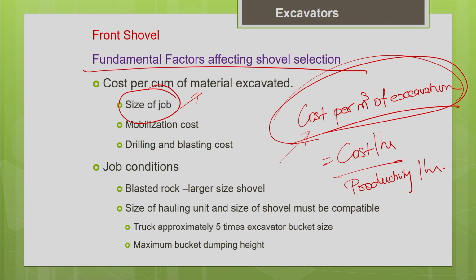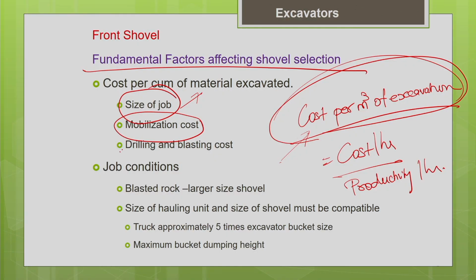Obviously, when I go for a bigger machine, its mobilization cost is going to be high. Though with a bigger machine you can get a high productivity, the mobilization cost is also going to be high. That you have to take into account while you work out the economics when you decide the selection of the machine.